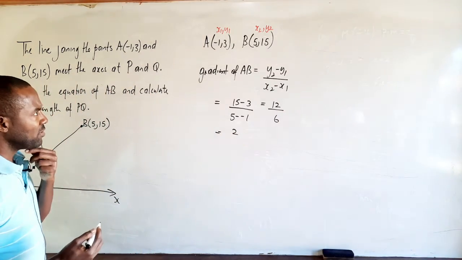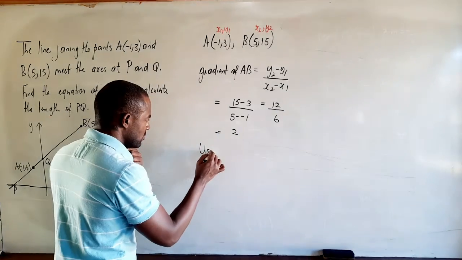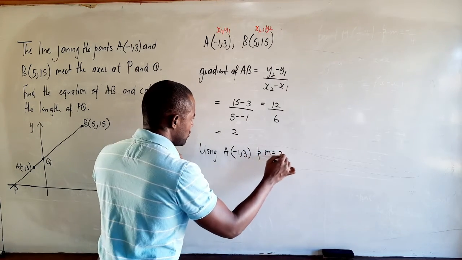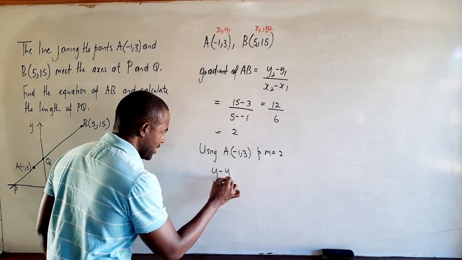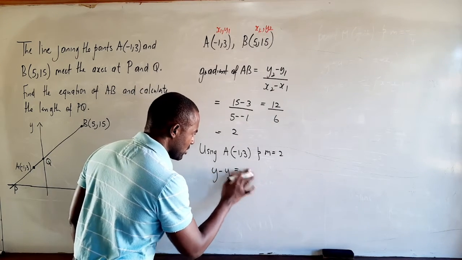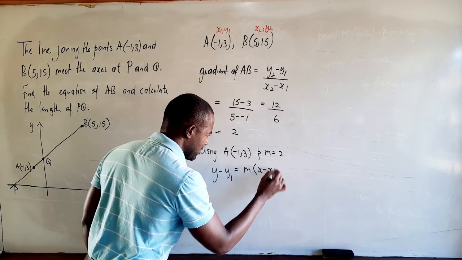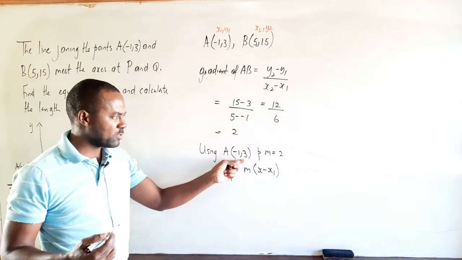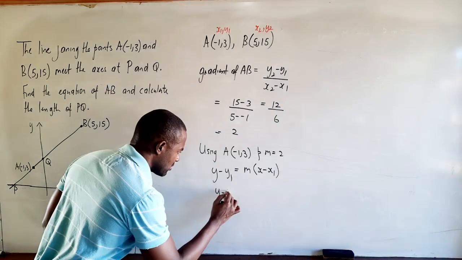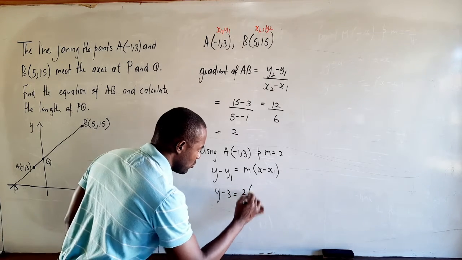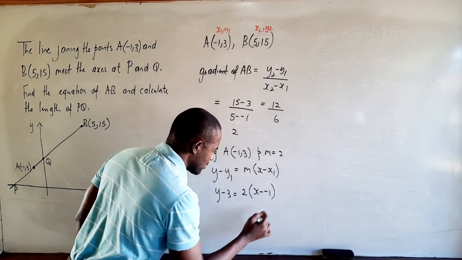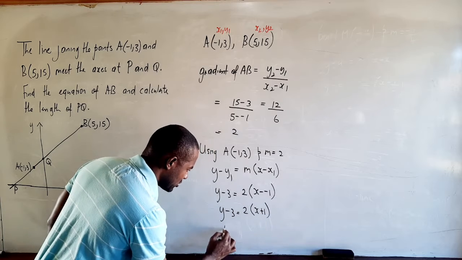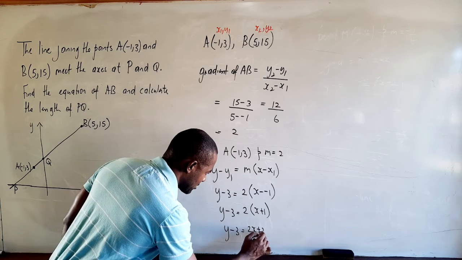Now using the point A, (-1, 3), and the gradient 2, we can say that y minus y1 is equal to m times (x minus x1), where x1, y1 is the point A. So y minus 3 is equal to 2 times (x minus (-1)), so y minus 3 equals 2 times (x plus 1), and so y minus 3 is equal to 2x plus 2.